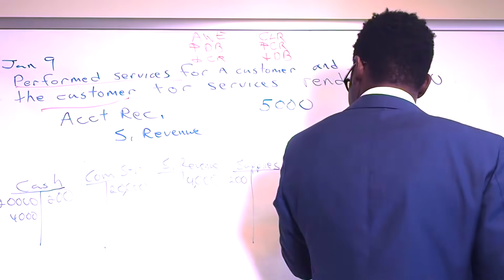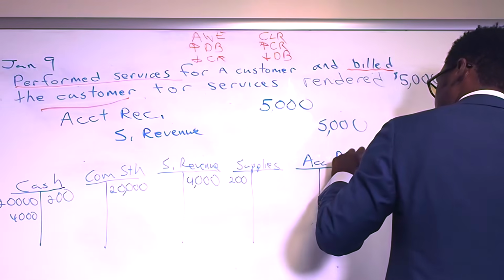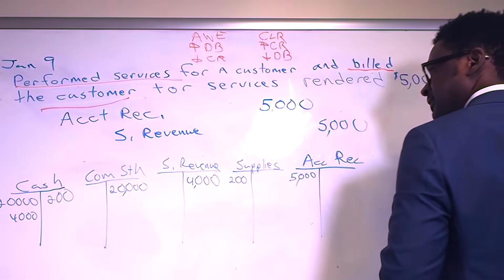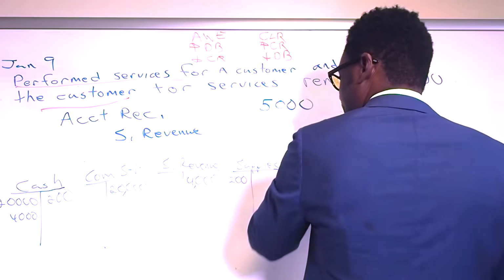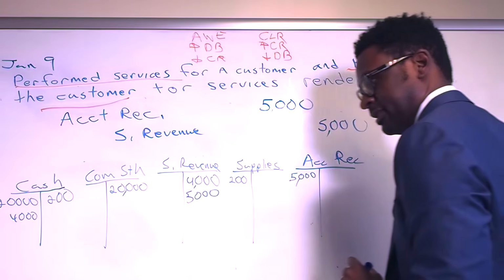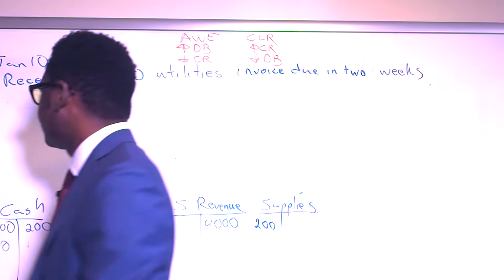So set up our accounts receivable into the ledger. And we know that our accounts receivable was debited, so we're going to debit $5,000. And we already have our service revenue account, so we're going to simply credit $5,000 for the service revenue. Piece of cake. Transaction number 5.